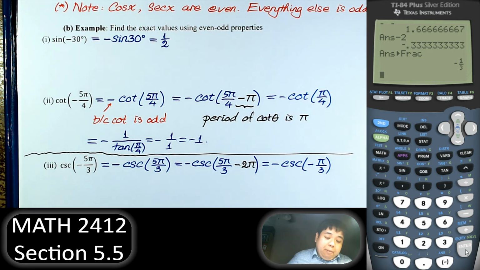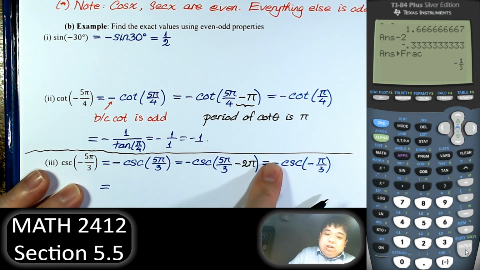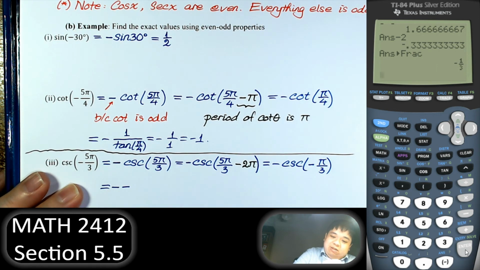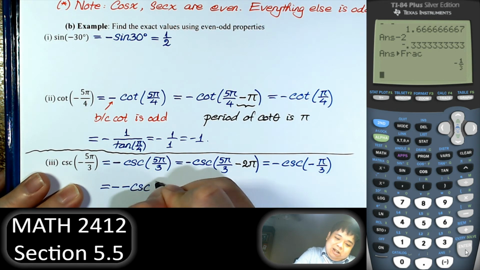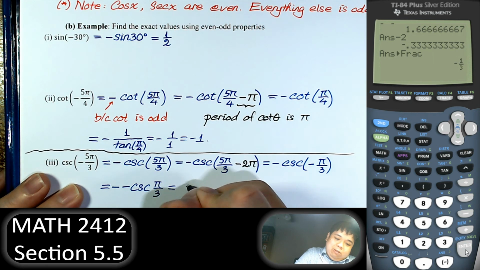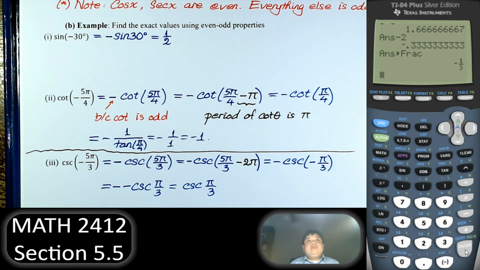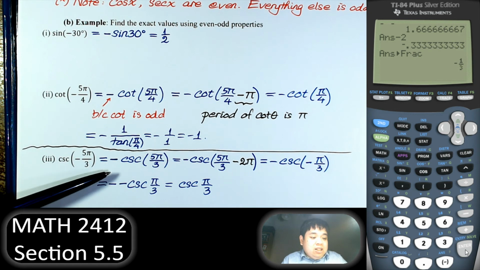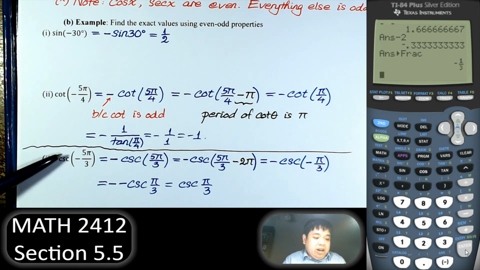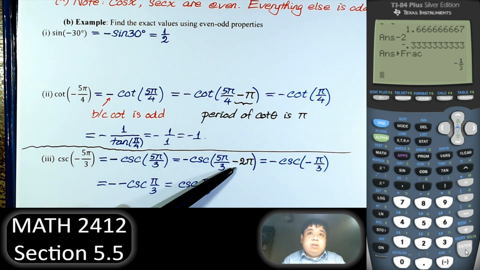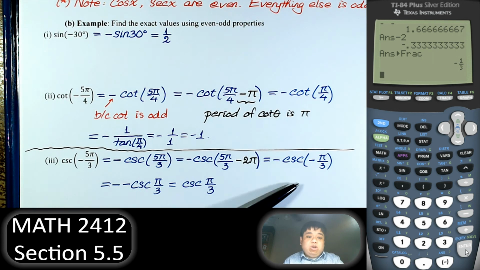It's nice, right? Next, once again, cosecant of a negative is the negative of cosecant, so we have negative of a negative cosecant of pi over 3, or cosecant of pi over 3. Cosecant is odd, so we can take the negative outside, and the period for cosecant is 2 pi. We subtract 2 pi because 5 pi over 3 is very close to 2 pi.